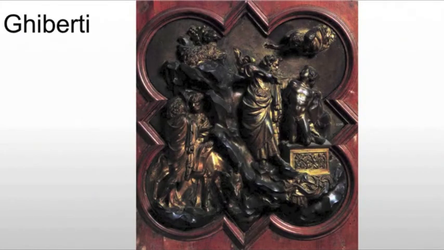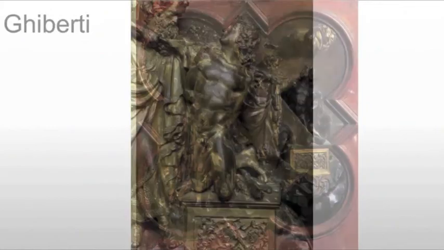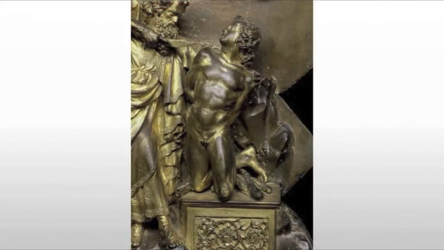Whereas in Ghiberti's case, Ghiberti is the youngest artist in the competition and emphasizes grace and smoothness. In his image, Abraham is almost contemplative, hesitant to strike, even as he draws his arm back. Exactly the reaction you would expect of a father, even a father who is told by God to sacrifice his son.